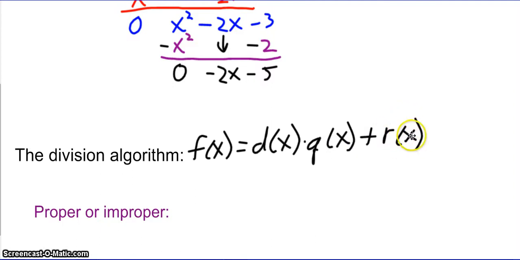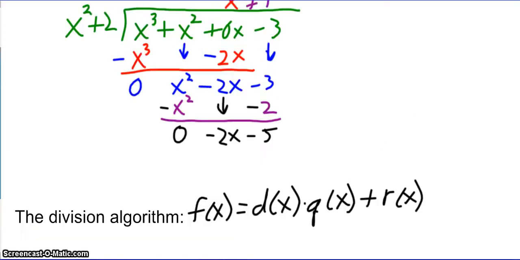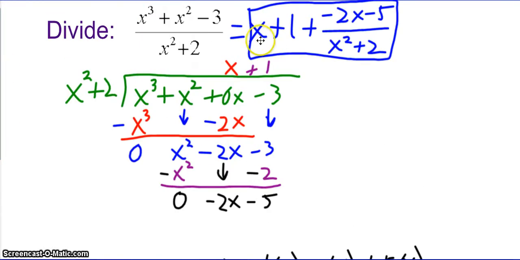So r of x here is our remainder. It's a function now. So in this case, the remainder function is negative 2x minus 5. Q of x is the quotient. Again, it's a function now. So in this case, the q of x would be x plus 1.